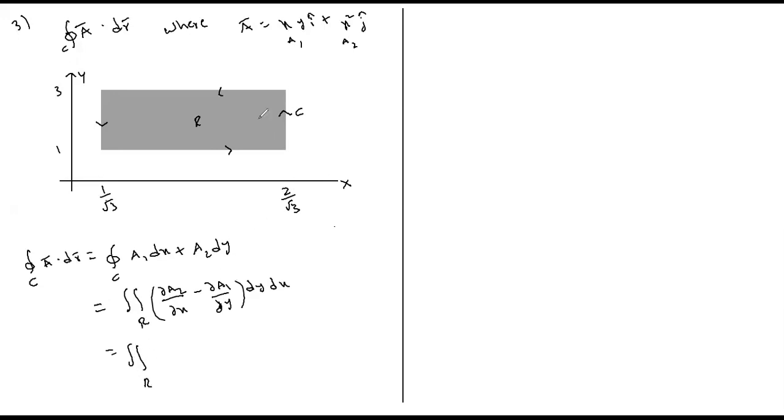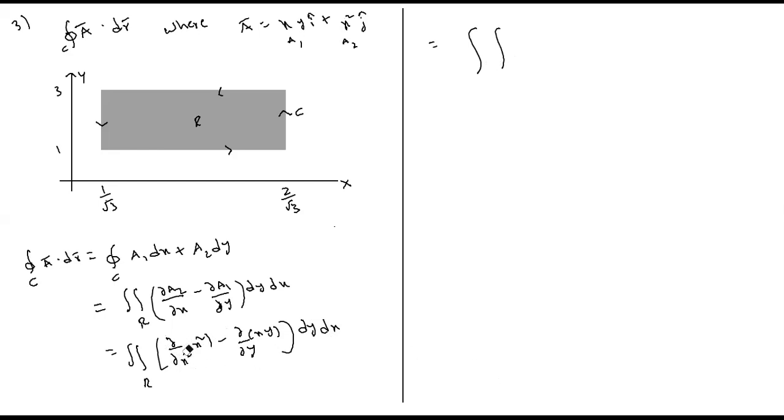Okay, so what is dou a2? Dou by dou x of x square minus dou by dou y of a1. A1 is xy. Okay, dy dx. Now what are the limits of integration for it? I think there is a mistake here.